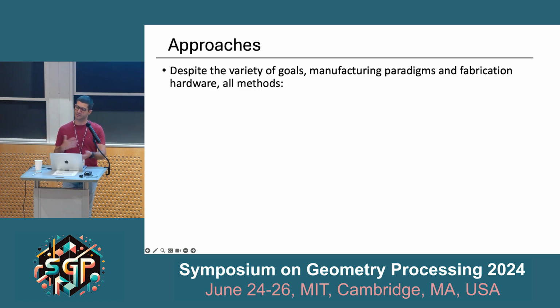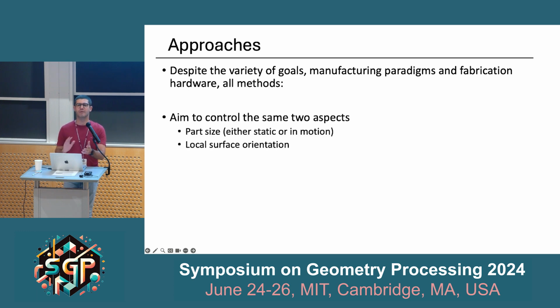All the approaches, despite the differences in the various technologies, aim to control more or less these two aspects. They want to control part size, because the part has to be ultimately small enough to fit the printer, and also they want to control the local surface orientation. Part size, despite the size of the printer, can be intended also in a broader sense.